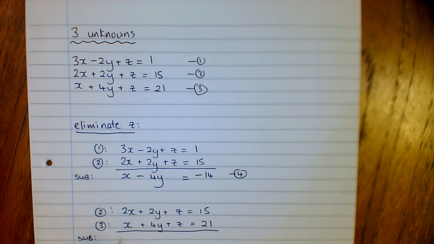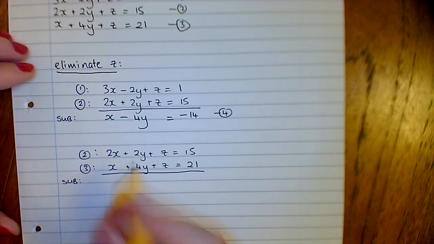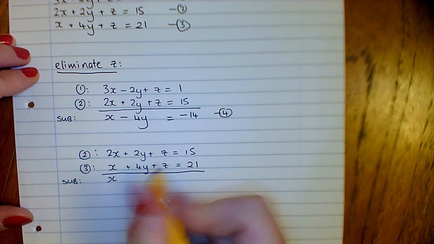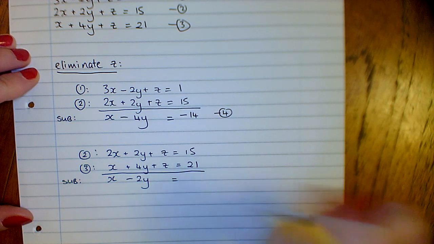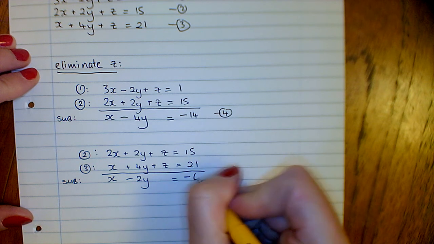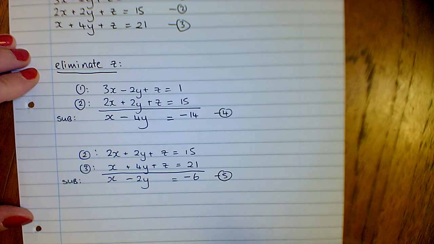So we've got 2x take away x, so that's x, 2y take away 4y, so that's minus 2y, z take away z is nothing, and then 15 take away 21 gives us minus 6, and that's our fifth equation.